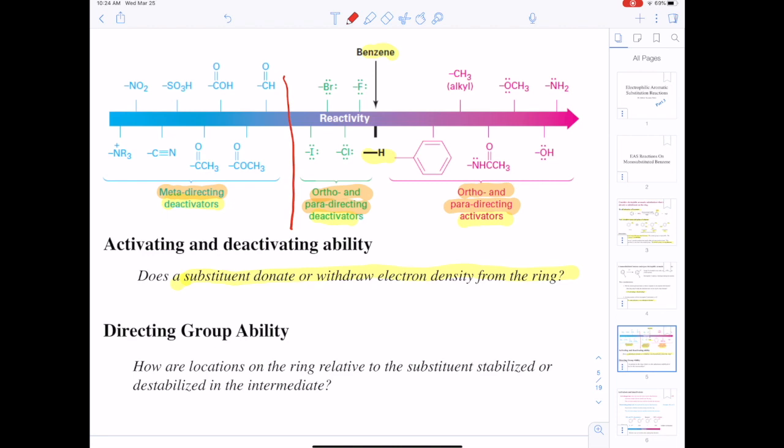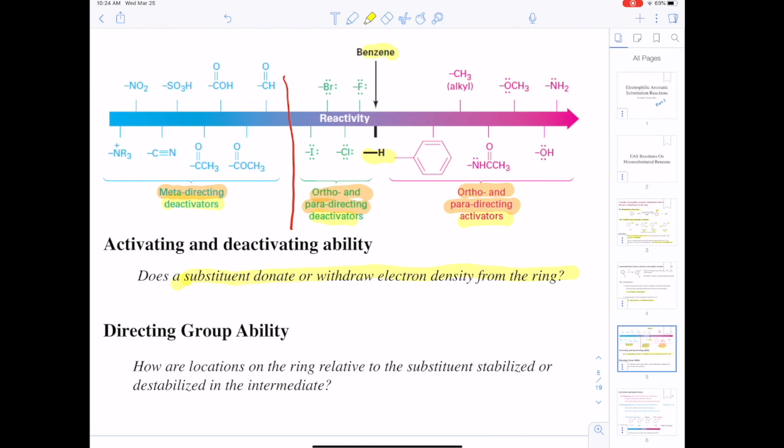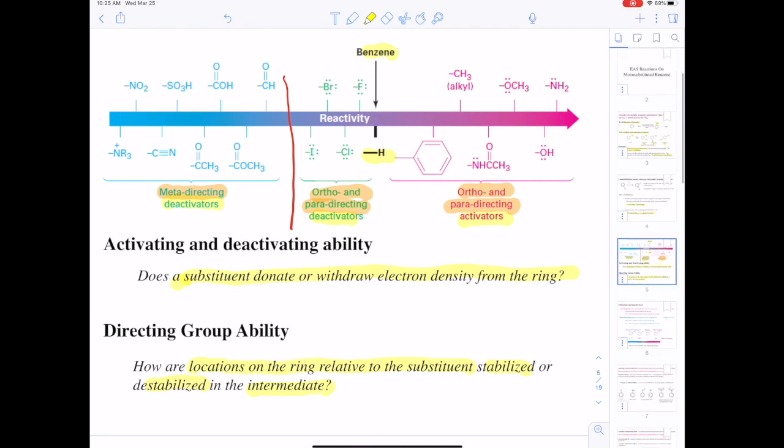And when we consider the directing group ability, we're going to try to make arguments for why something is an ortho-para director versus a meta-director. What we look at is locations on the ring relative to the substituent. Are they stabilized or destabilized in the intermediate? So we turn to the intermediate when trying to make explanations for why something is an ortho-para director versus a meta-director.